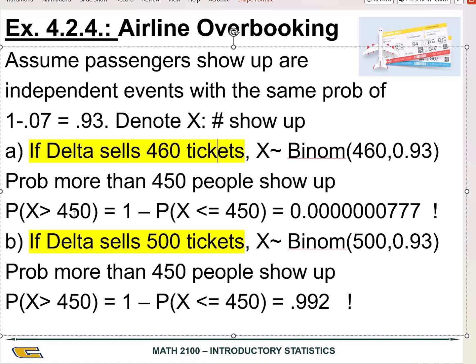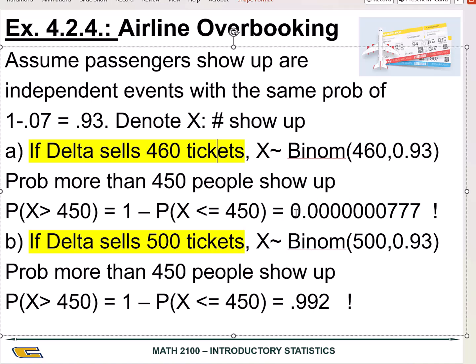So at the time, again, we just use the complement strategy, right? X greater than 450 is 1 subtract X less than or equal to 450, right? And then the probability X less than or equal to 450, again, is just the binomial CDF function, right? At most 450 show up, right? So let's calculate this probability and see.